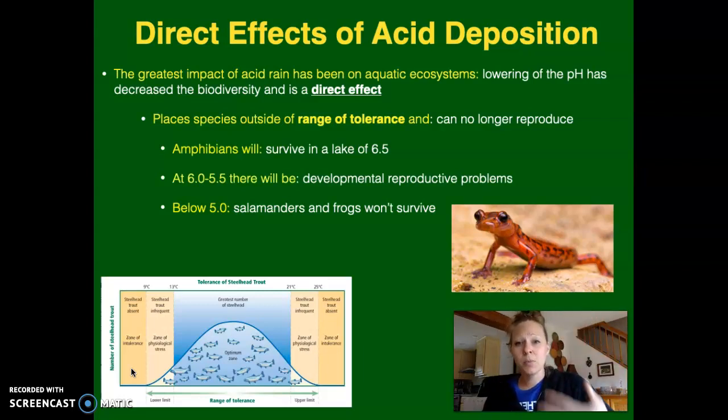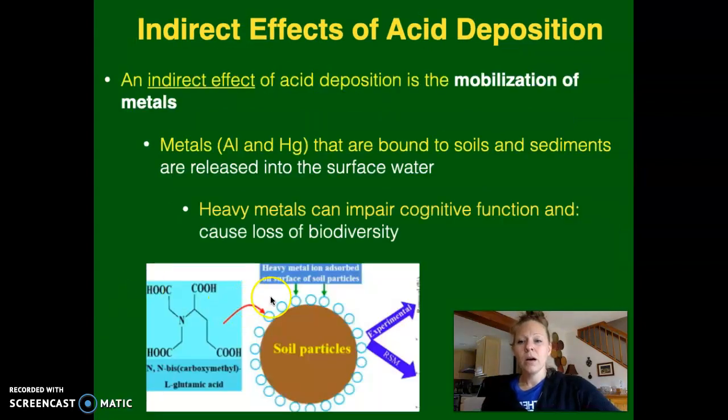And so the air pollution in the White Mountains was pretty bad, and so the acid deposition was pretty bad as well. But they're finding that the amphibians are now coming back into this area of tolerance, and the numbers are starting to increase. So that's good news. So we can implement regulation and create change. And so that was a direct effect of acid deposition.